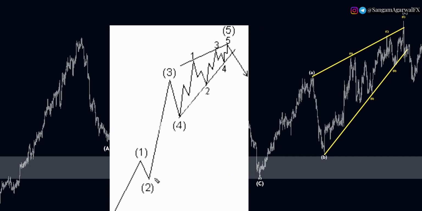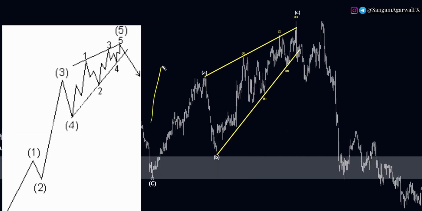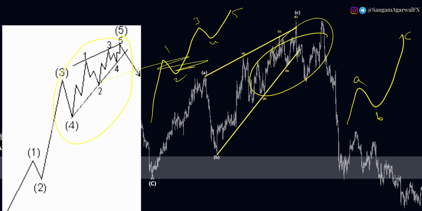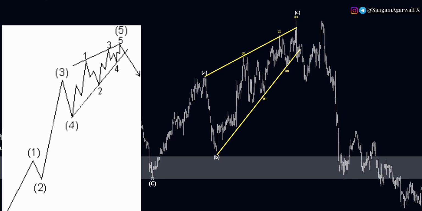So I have given you all examples: ending diagonal in impulsive wave and ending diagonal in corrective wave, in both bullish and bearish trends. But always remember one thing, that the image you see in a book and the market chart pattern you will see in TradingView will not be exactly the same. There will be minor differences and those minor differences are the source of your confusion.